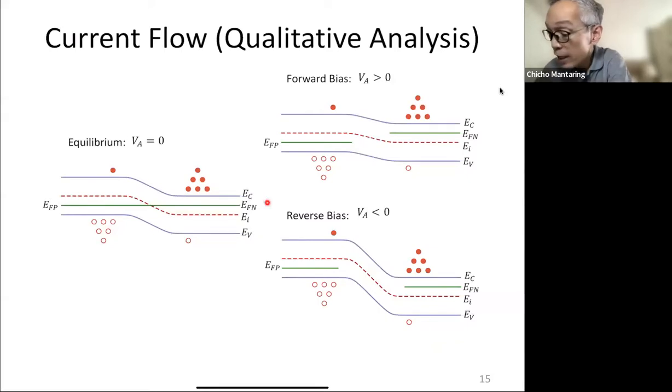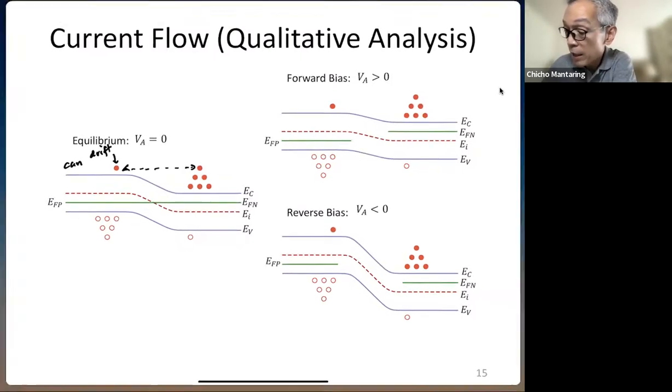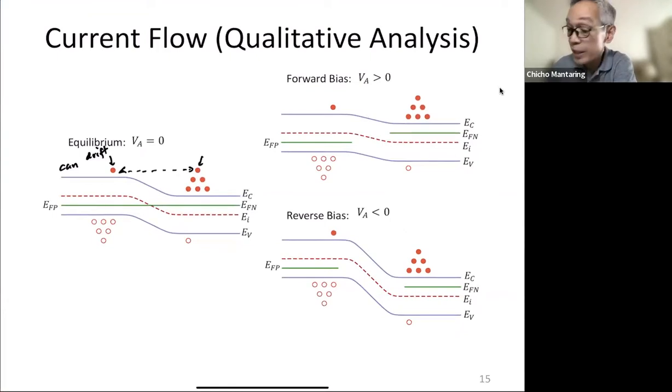Let's take a look here. This electron and this electron have the same energy, and that energy is greater than E sub C at all times. Meaning, this one on the left can drift, and this one on the right can diffuse.